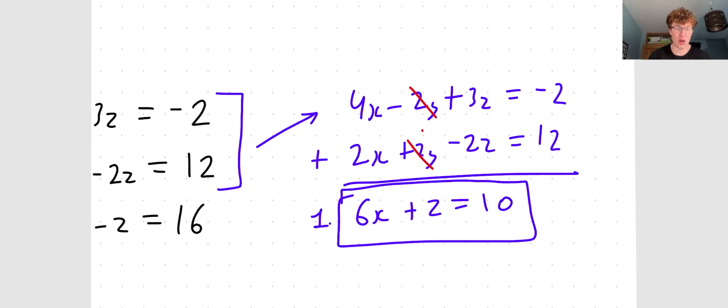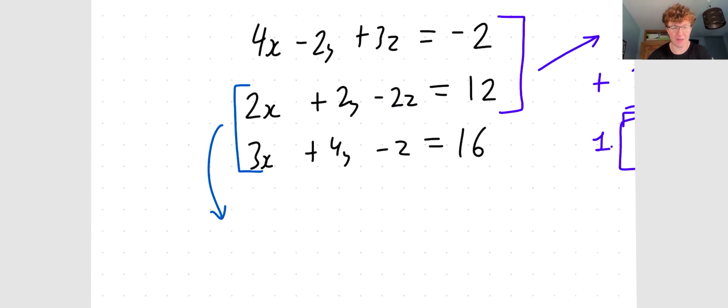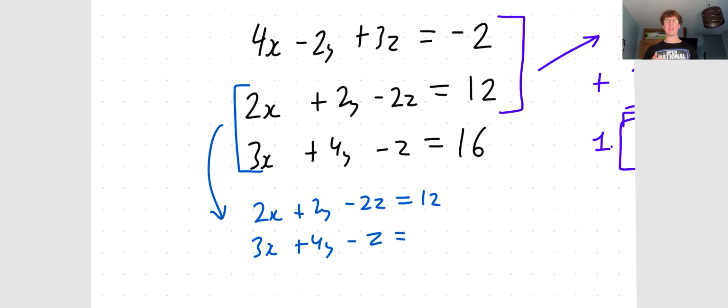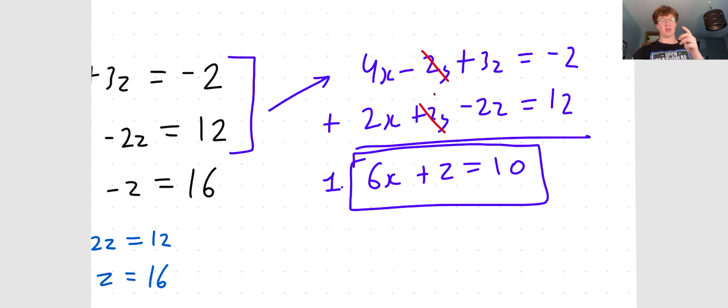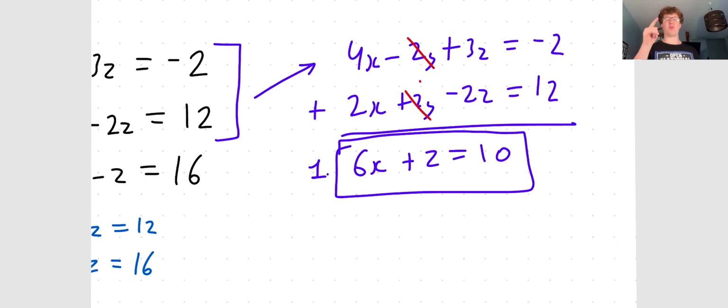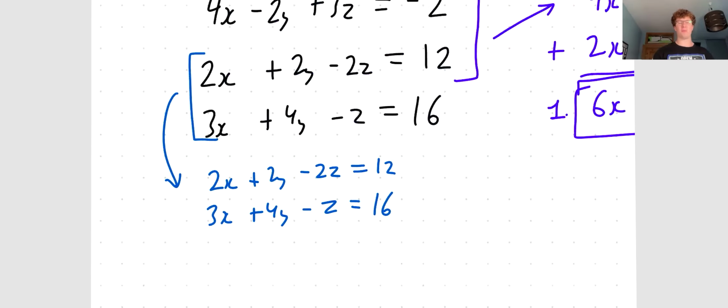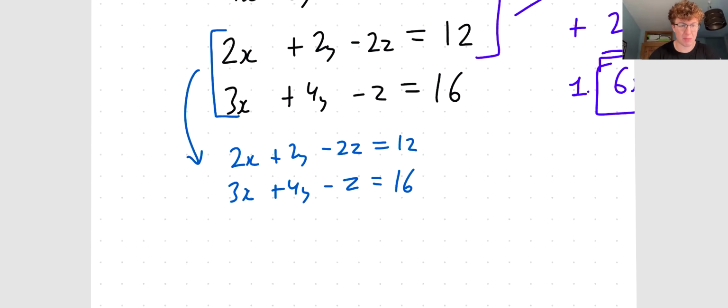Now, these equations. We have 2x plus 2y minus 2z is equal to 12, and 3x plus 4y minus z is equal to 16. Because we got rid of the y's in the previous equation, we need to get rid of the y's in this one as well. So I'm going to multiply this whole top equation by minus 2. Why do I do that?